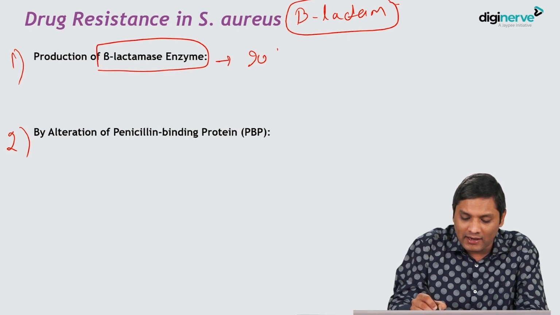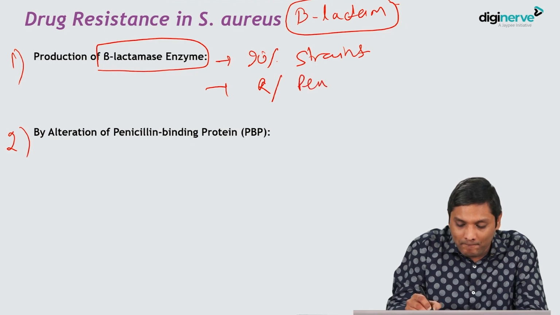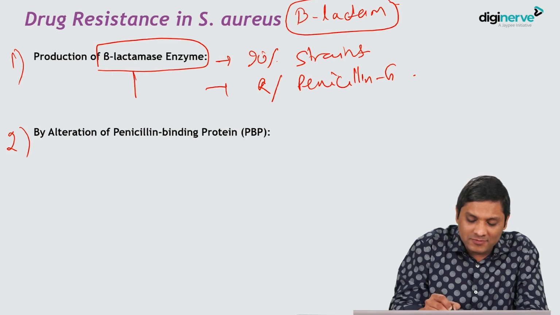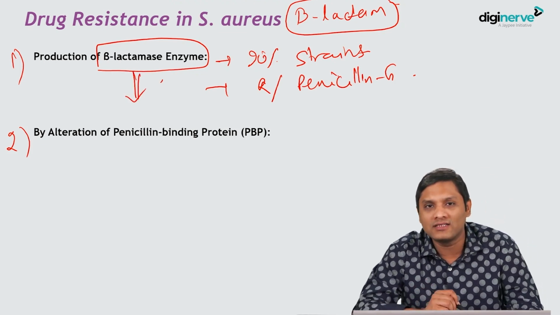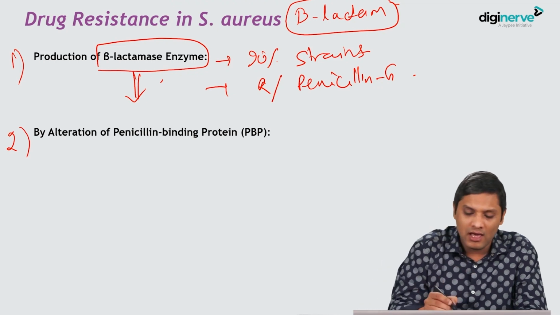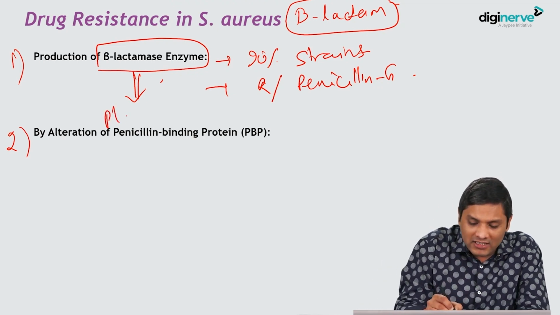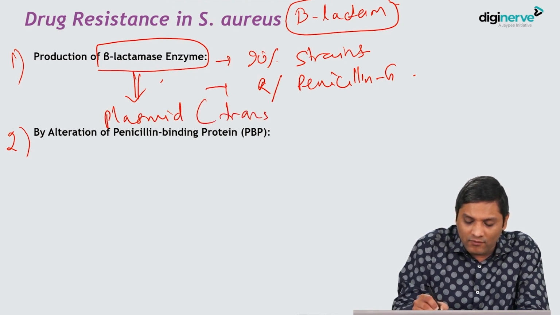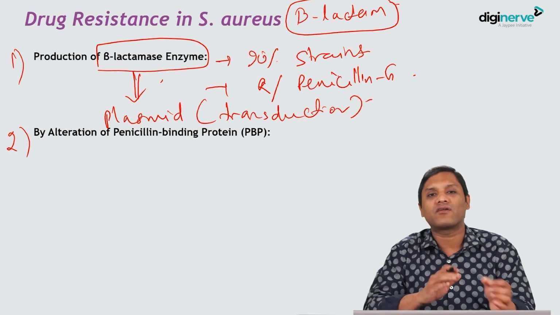This is shown by 90% of strains of Staph aureus, and they will be resistant to penicillin G. This beta-lactamase production is coded by plasmids, and can be transferred from one Staph aureus to another by transduction.